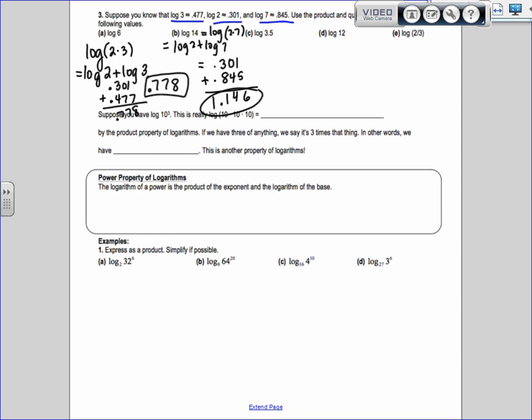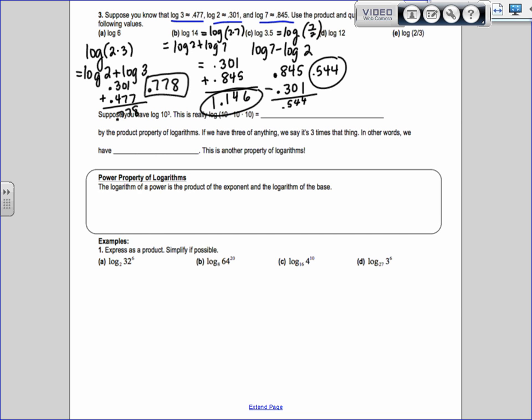Yes. So if I have 3.5, I have log of 7 over 2. So this is going to be log of 7 minus log of 2. So log of 7 is 0.845 minus log of 2 equals 0.301. So I have 4, 4, 5. So 0.544 is the answer.